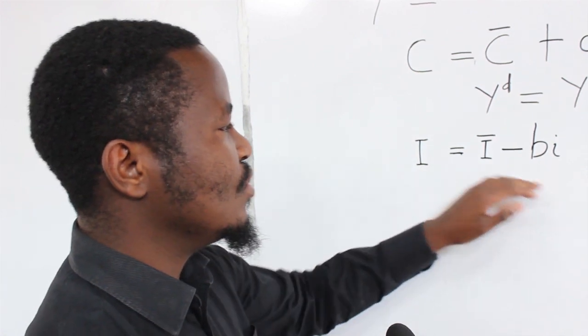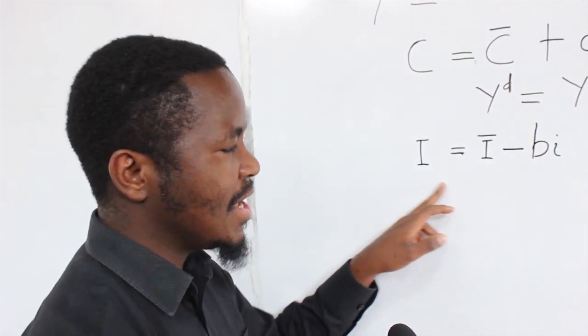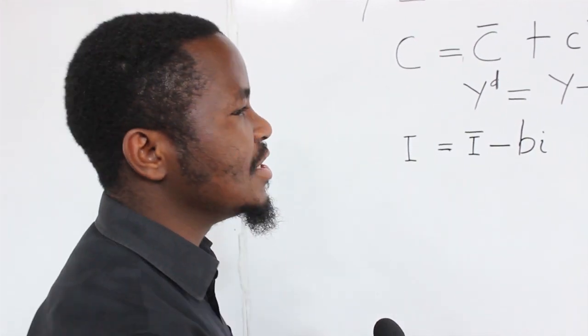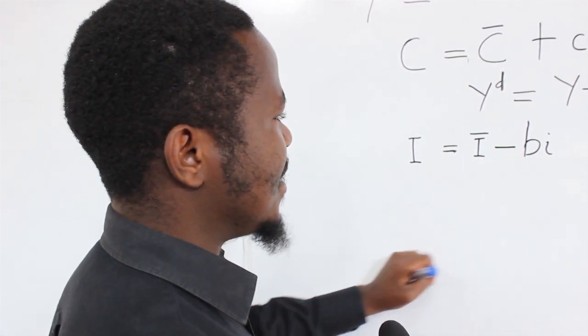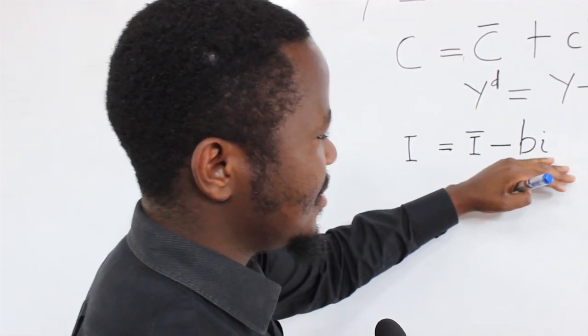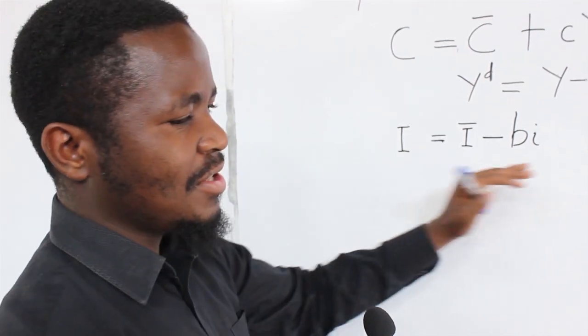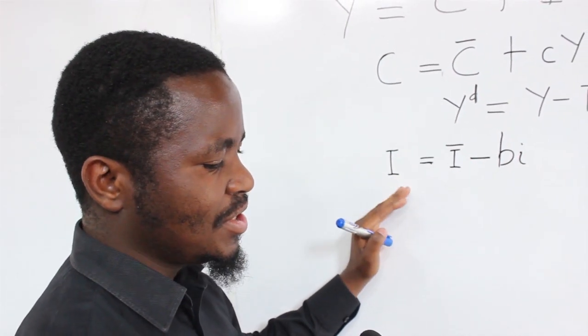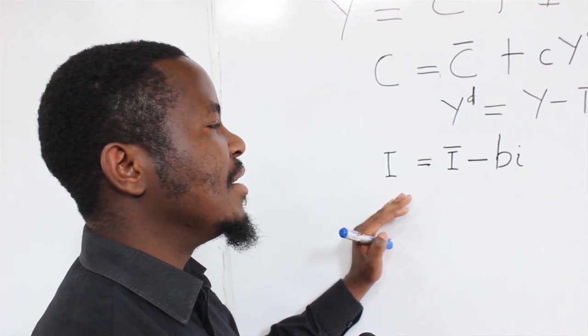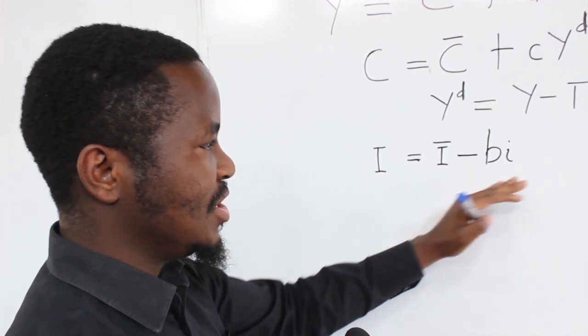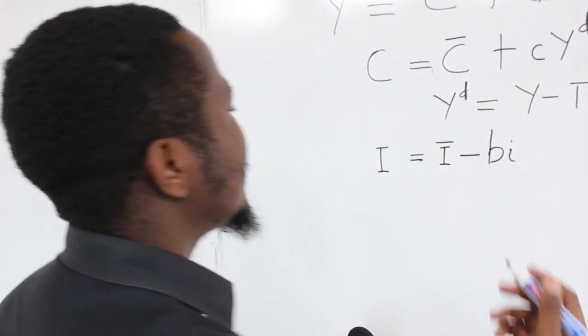So this will lower the levels of investments, and hence we are using the negative sign here to mean that the level of investments that depends on interest rates will reduce investments, especially when interest rates are high.